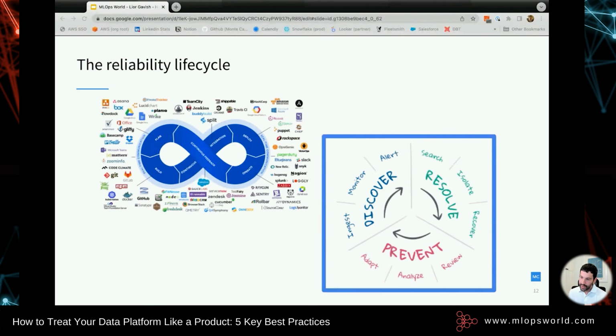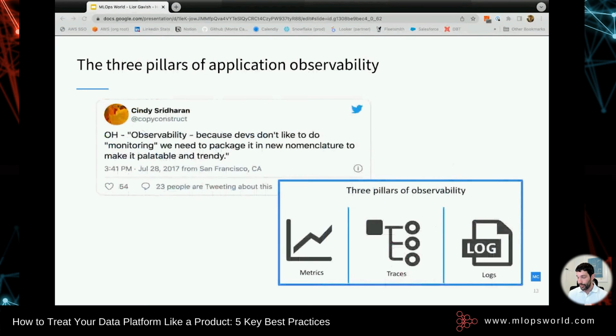A key piece of that process is what we call observability, right? And again, borrowing from the DevOps world, observability is this idea that if you have the right tooling in place, you can actually understand the health of your system at all times. How do you do that?